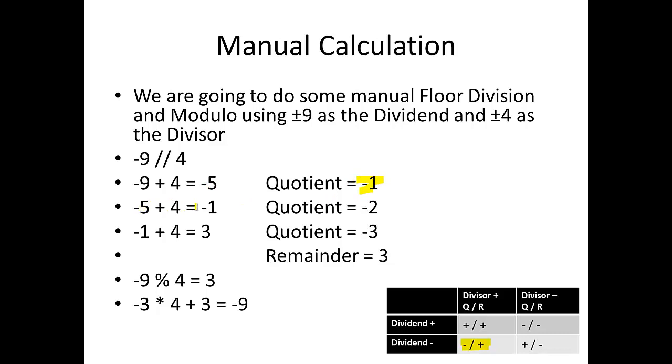Then negative 5 plus 4 is negative 1, so now it's negative 2. We look down here, we need our remainder to be positive, so we have to keep going. Negative 1 plus 4 equals 3. So we did that 3 times, so the quotient is negative 3, and remainder is 3. So negative 9 mod 4 equals 3. And again, checking our work, negative 3 times 4 plus 3 is equal to negative 9, which is indeed what we started with.